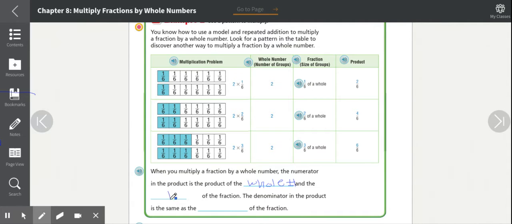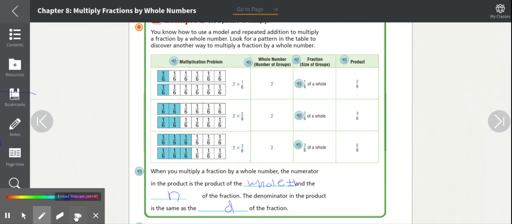I'm just going to do the number sign for whole number and an N for numerator. You guys can write it. The denominator in the product is the same as the denominator in the fraction, like I said before. So the denominator doesn't change because it's not getting cut up into different pieces.